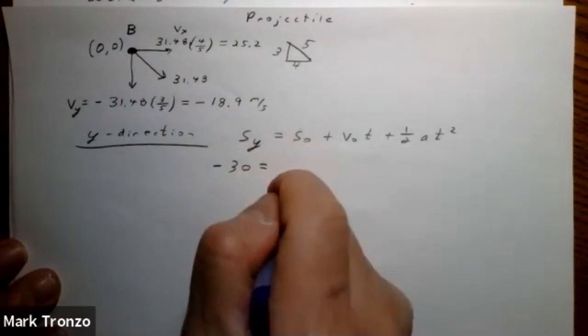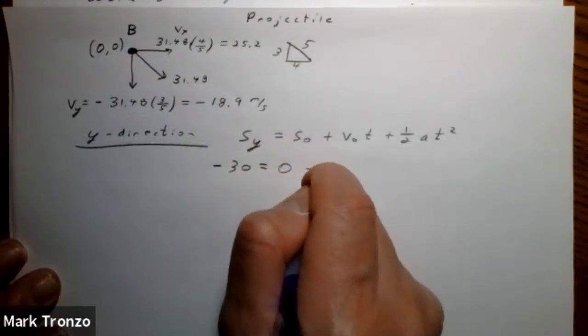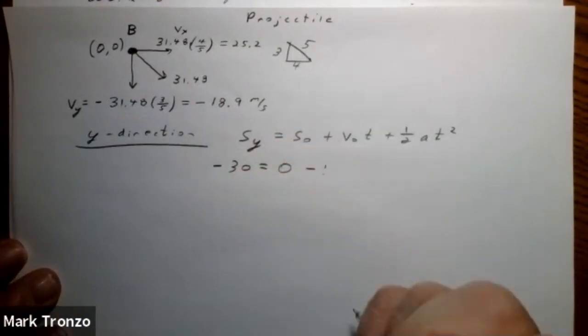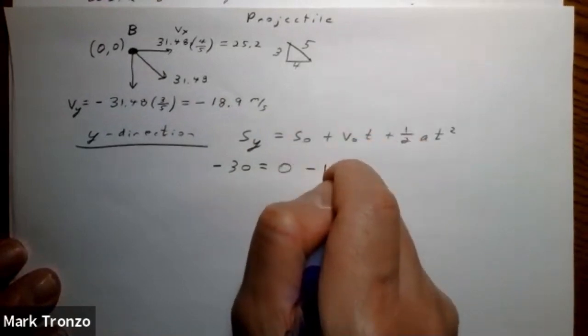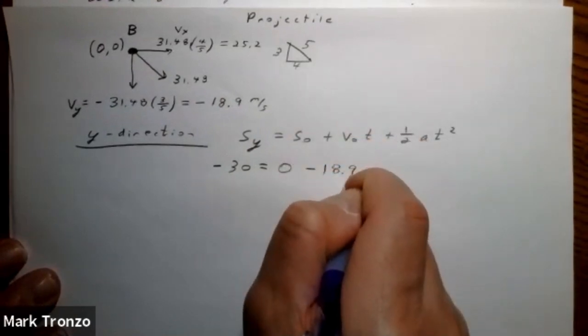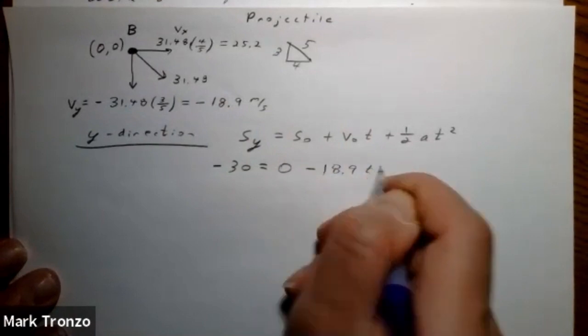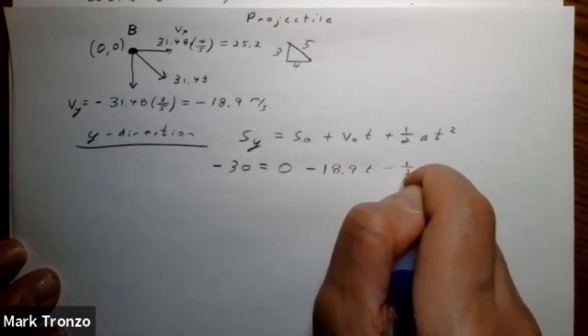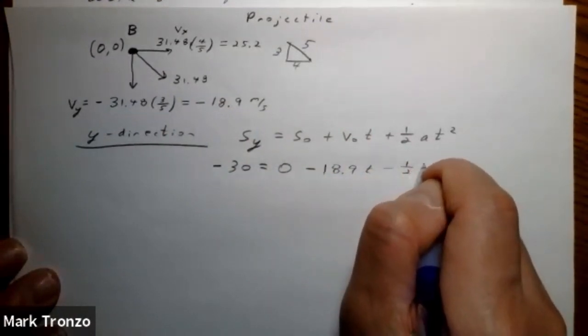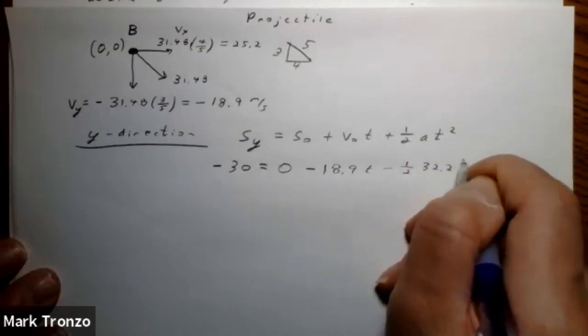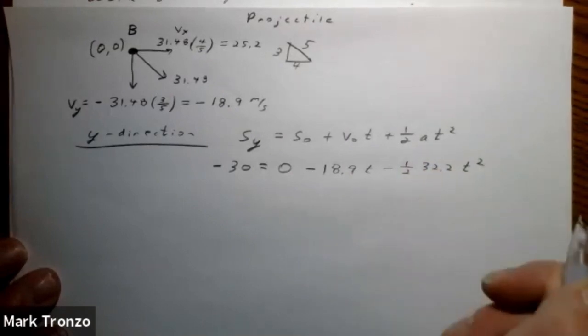And if we start at 0, we have minus 18.9 t minus 1/2 times 32.2 t squared.